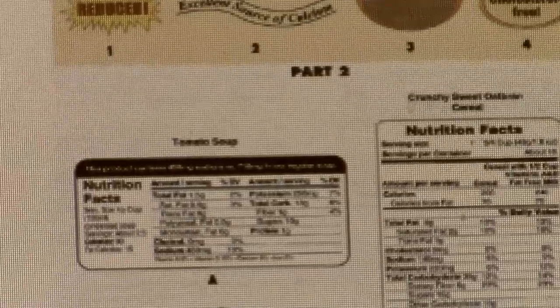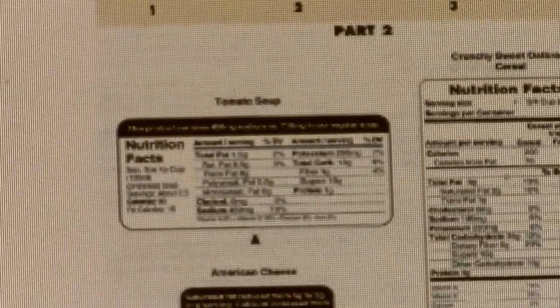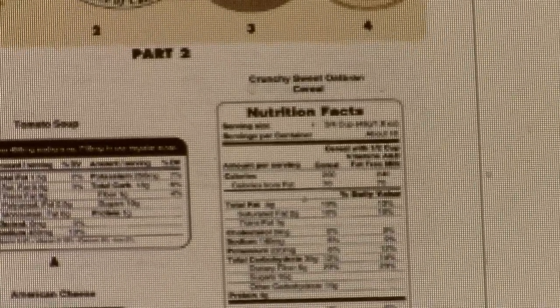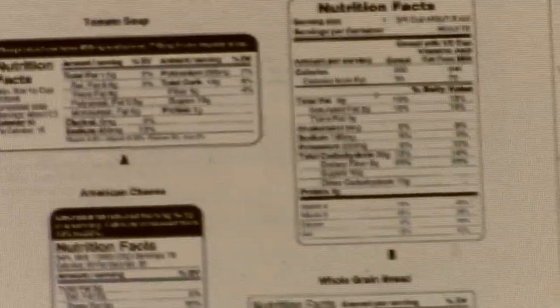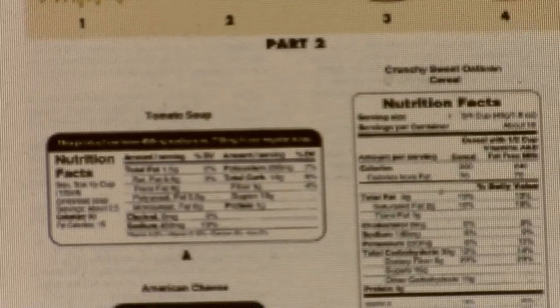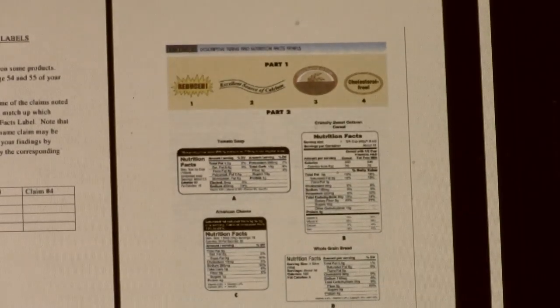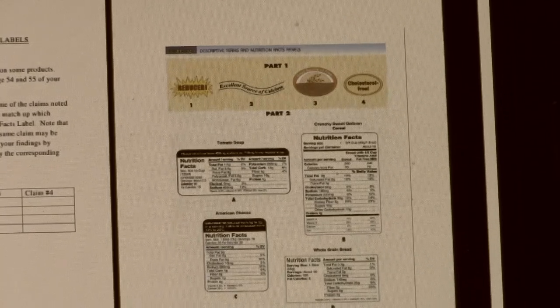So what we're doing now is taking label by label. The first label is a tomato soup label, the second label is a crunchy oat bran cereal label, the third one is some American cheese, and the fourth one is some bread. Looking at the facts on each label, you can determine whether it meets the legal criteria for these products based on those definitions.